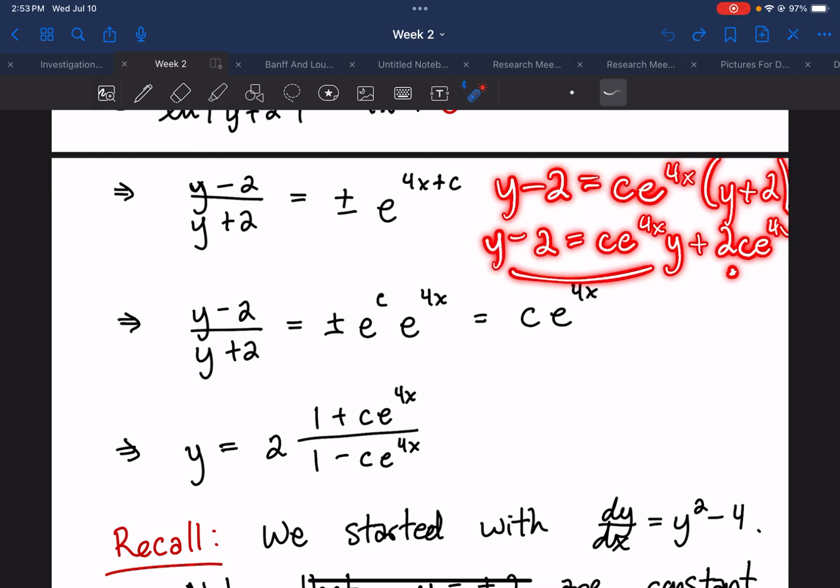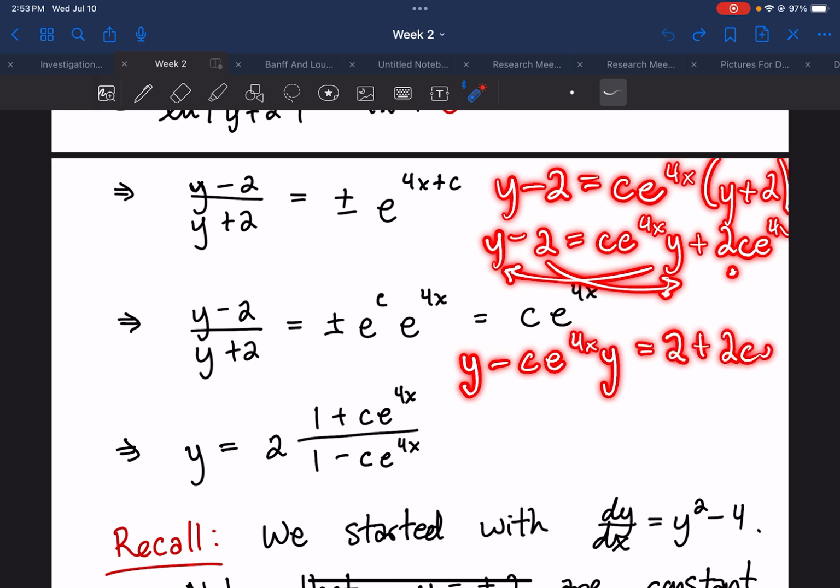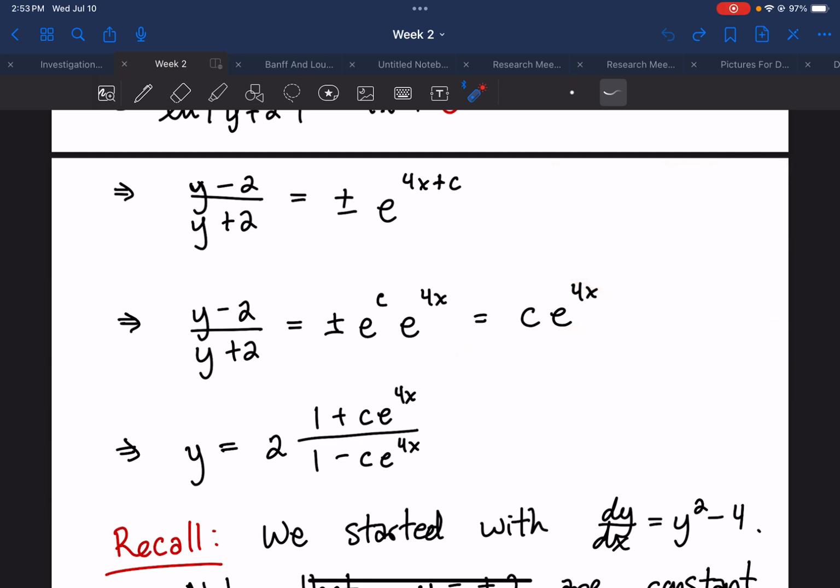And then you group the y's on one side, group the constants on the other. You get y minus c e to the 4x y equals 2 plus 2c e to the 4x. And then you just divide by the stuff in front of the y, right? And that gives you this.